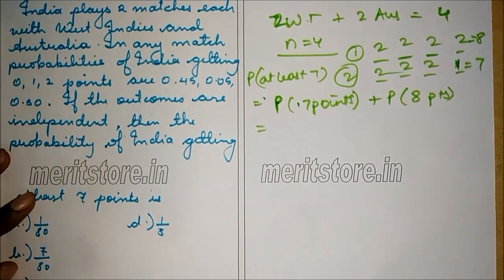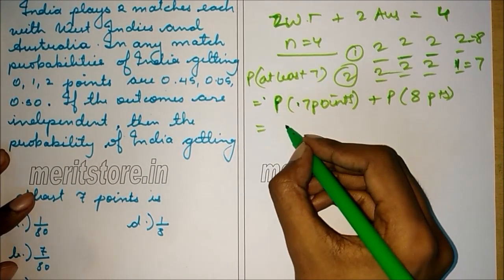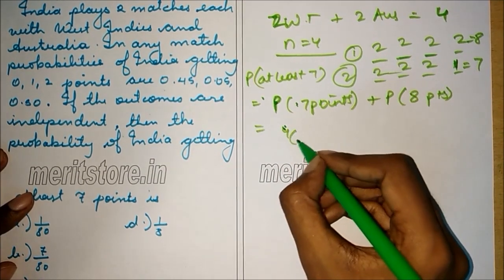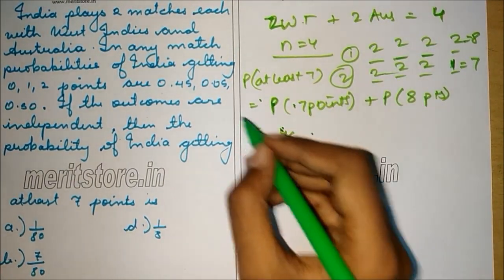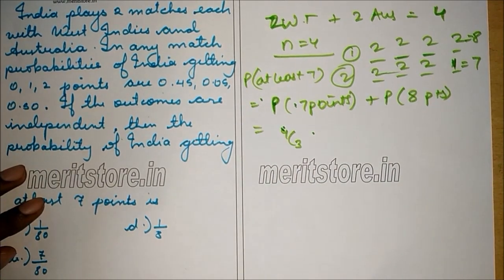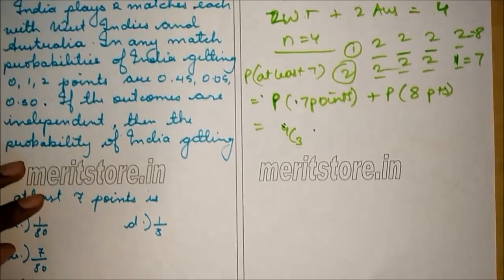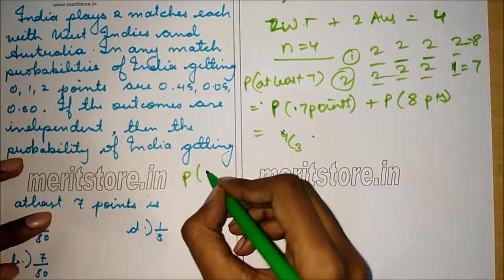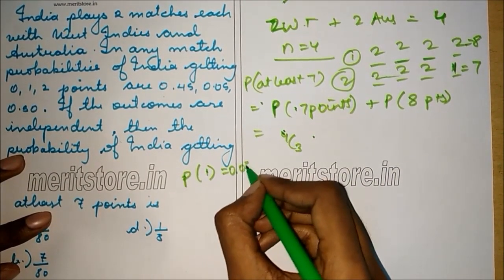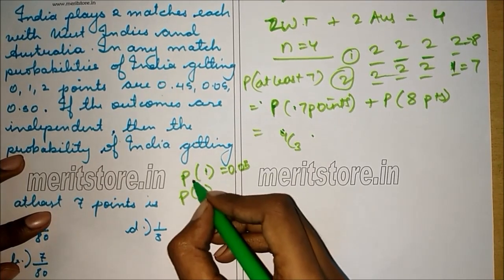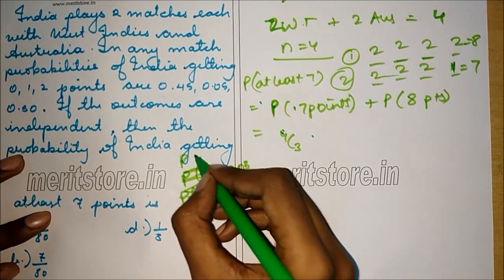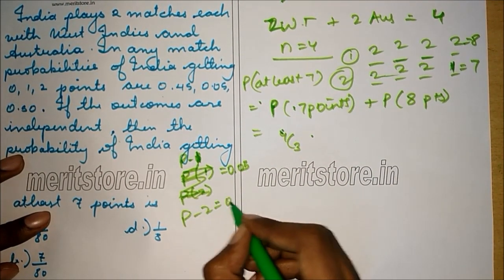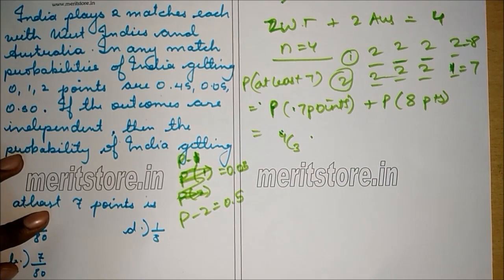So probability for 7 points is 4C3. Now probability for getting 1 point is 0.05 and probability of getting 2 points is 0.5. So we substitute accordingly.